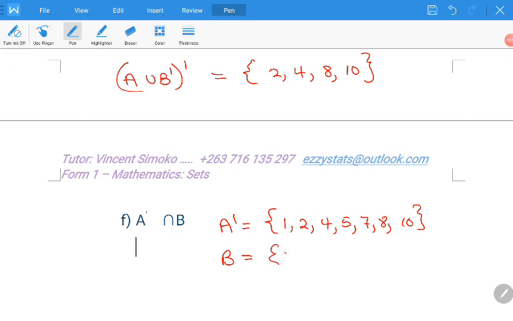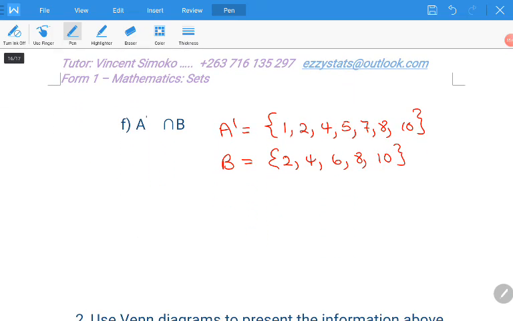So B is equal to 2, 4, 6, 8, 10. So A complement intersection B is equal to 2, 4, 8, and 10.